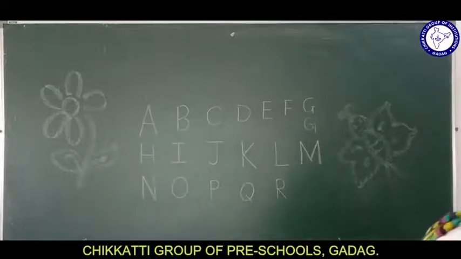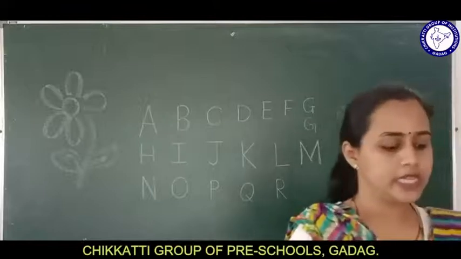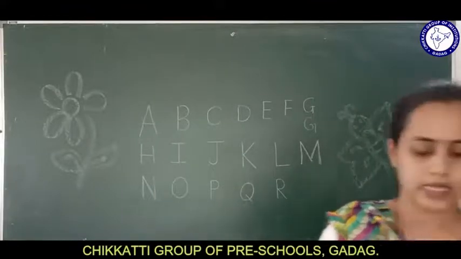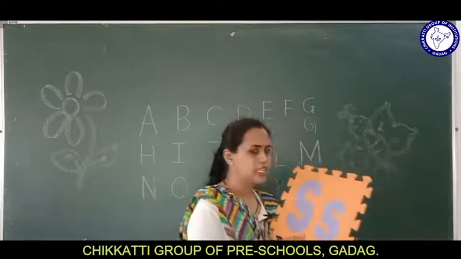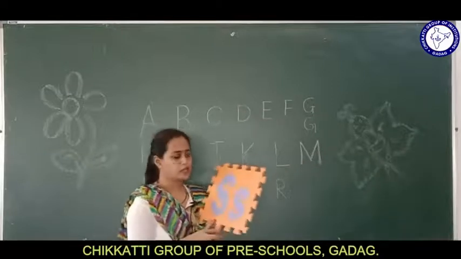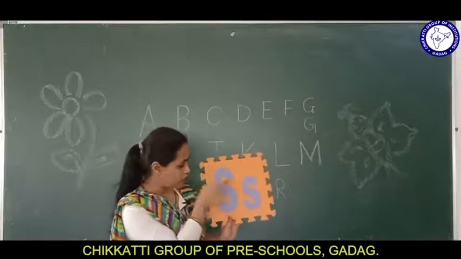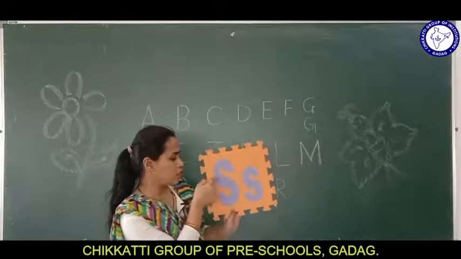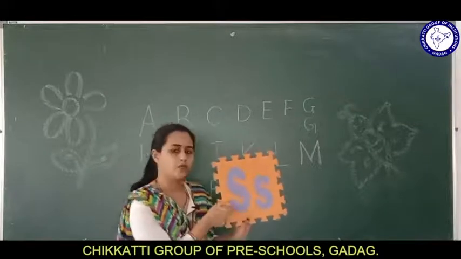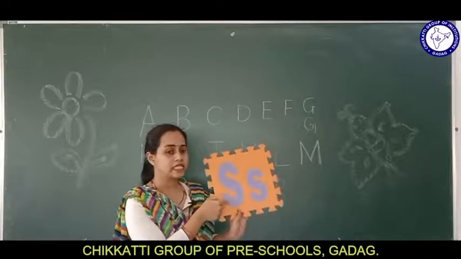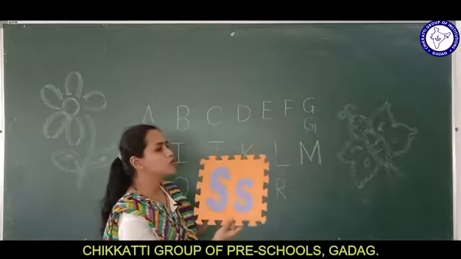So here we go for the next alphabet, which is S. S. You are telling yes, right? How to write S now? Not a zigzag.